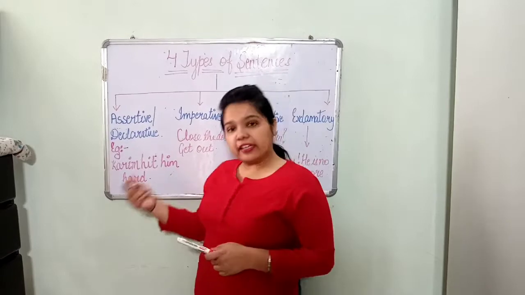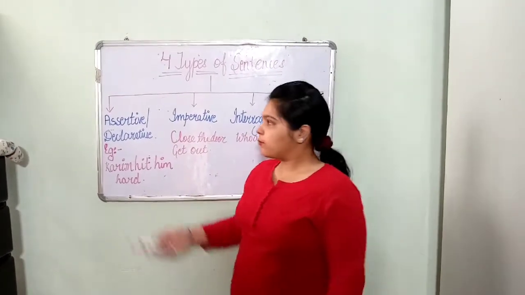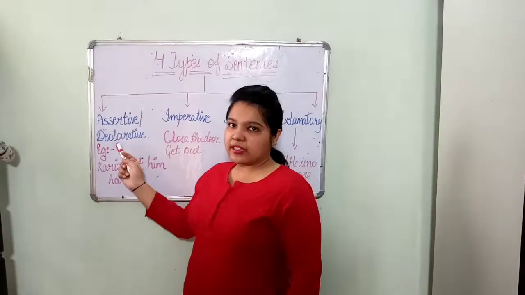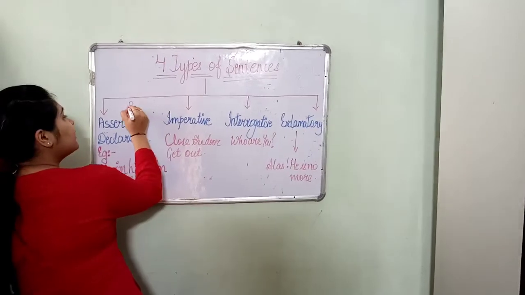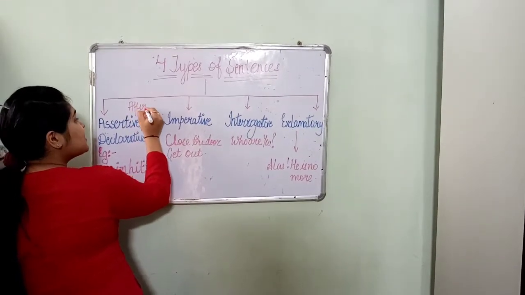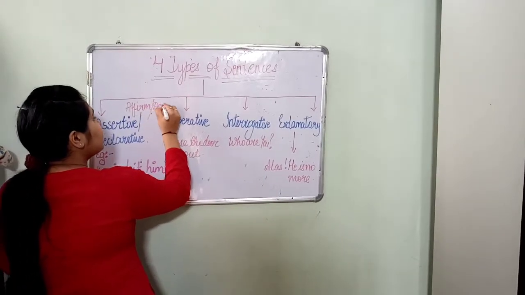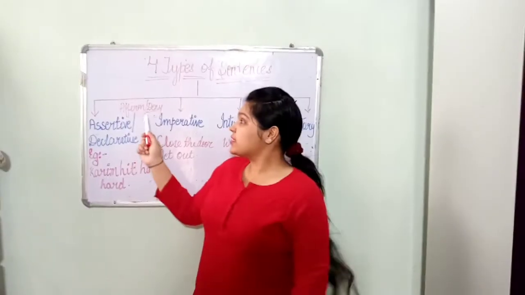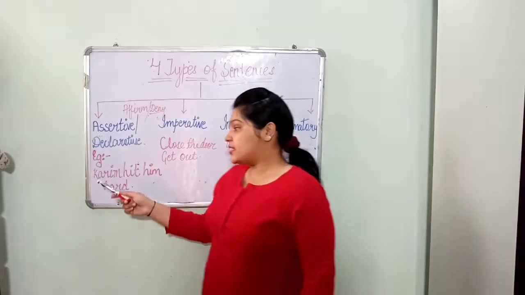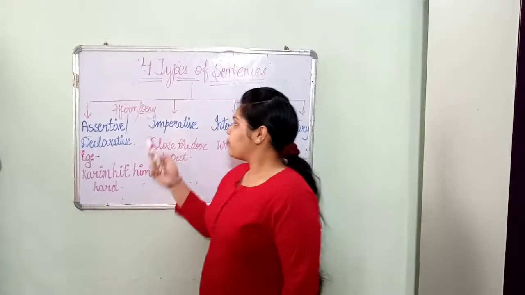And in negative sentences like Kareem did not hit him hard, in these types of sentences we affirm anything, we affirm means say yes, or we deny anything. Deny means in negative sentences, like Kareem did not hit him hard.